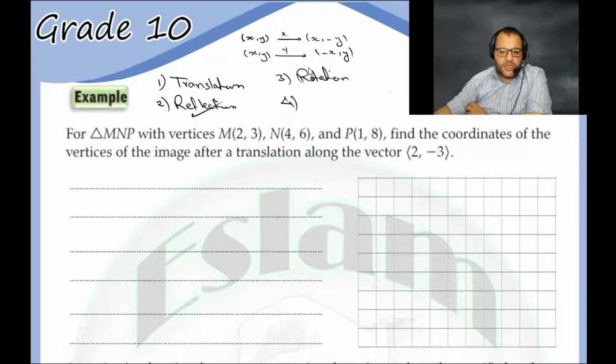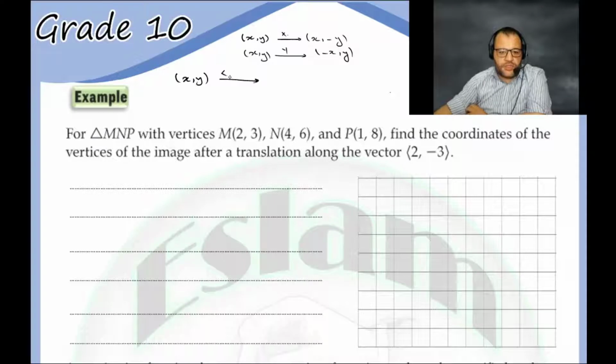Now for the translation, if you have a point (x, y) and you need to find the translation with the vector (a, b), the image will be (x plus a, y plus b).